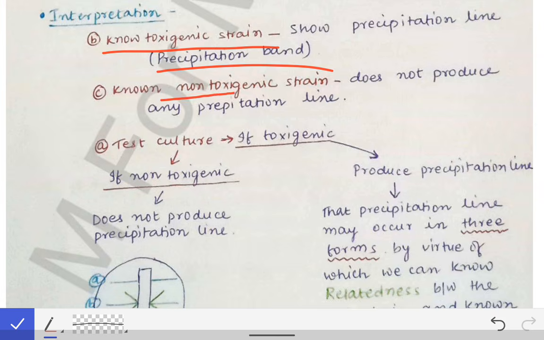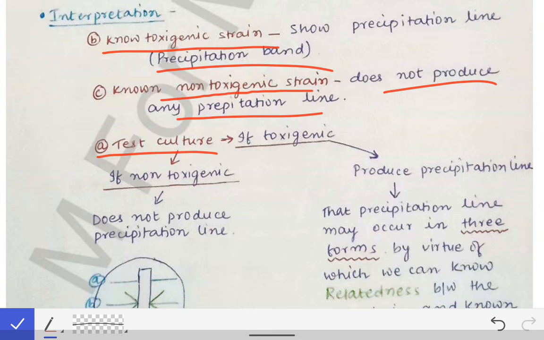And the non-toxigenic strain does not produce any precipitation line. That also makes our test valid, because obviously it should not produce one; it is a non-toxigenic strain which is known to us already. So that is also indicating a valid test. Now the most important point is about the test culture.